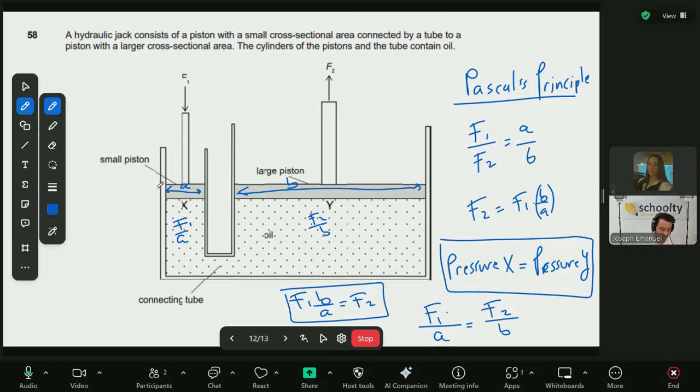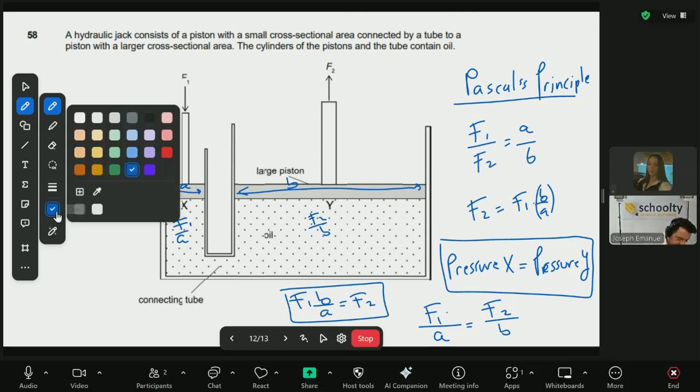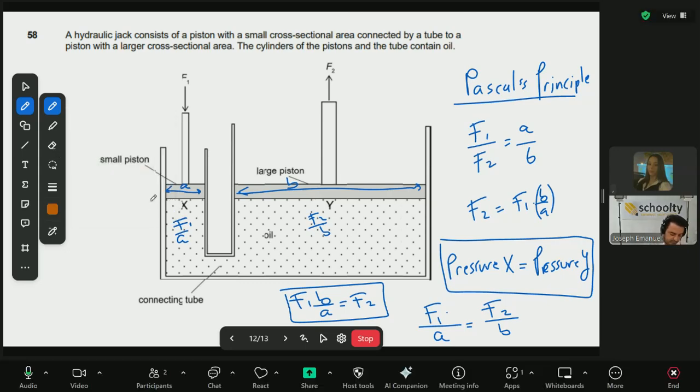What I want to add here is that the height is not equal. This is a very important point to remember.